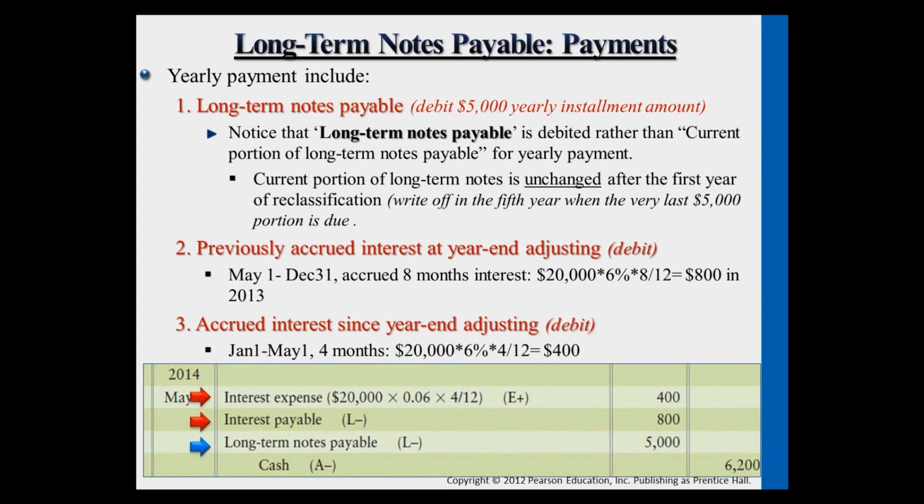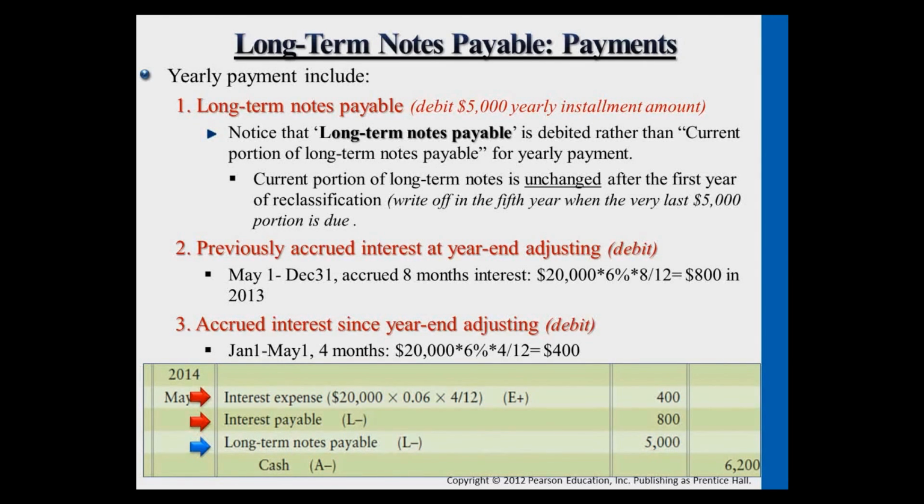Okay, so previous slide we showed there was the first entry when we borrowed the money. We collected cash, signed off on a note, long-term notes payable. And since we agreed to pay by installments, every single year we journalize exactly the same entry. So we're paying $5,000 of principal. We're also paying $5,000 multiplied by 6% of the interest rate.